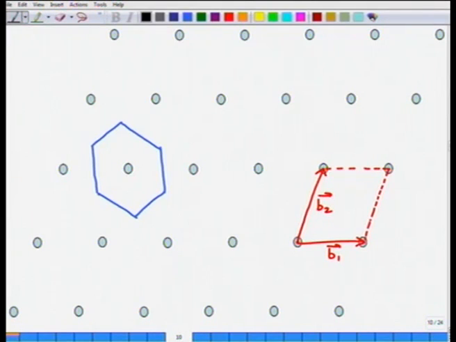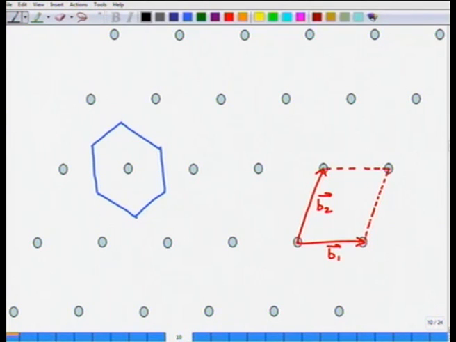So, let us take this as an example. This is the same example which I had shown you for the reciprocal lattice, where I was showing you the Bragg diffraction condition and the construction of the Brillouin zone. I had shown you the construction in 2 dimensions, and in 3 dimensions it is the same construction. I am going back to the same diagram which I had drawn in the previous lecture.